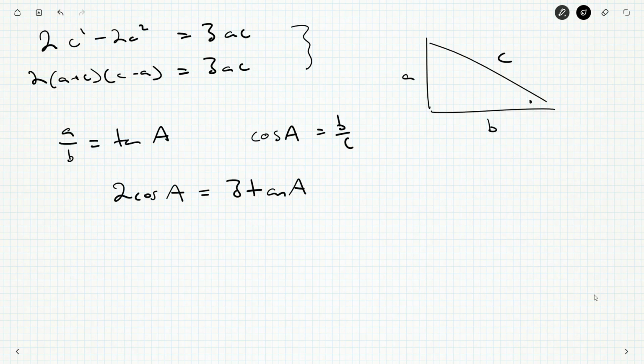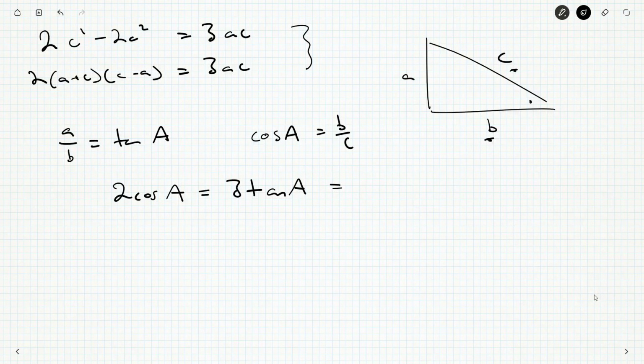So, right? Yeah, because this is adjacent, this is hypotenuse. So 2BC is 3 AB. And then what could I do from there? I suppose I could.